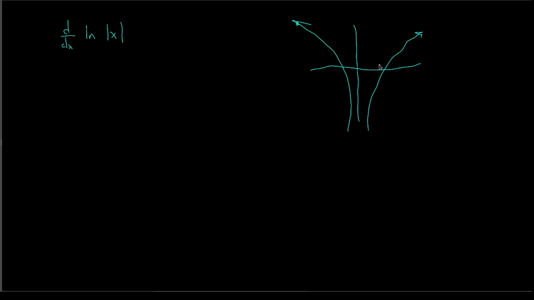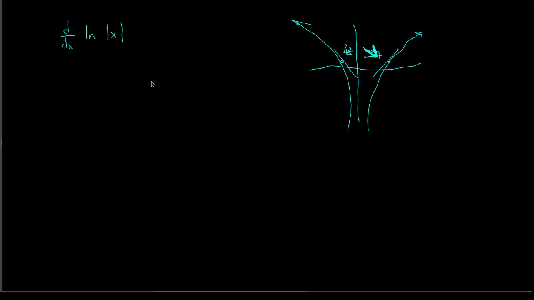And there's a symmetry here, so when we look at these slopes, they are negatives of each other, right? They're running in opposite directions, but they're mirrored across the y-axis.